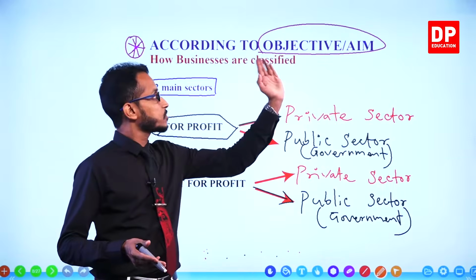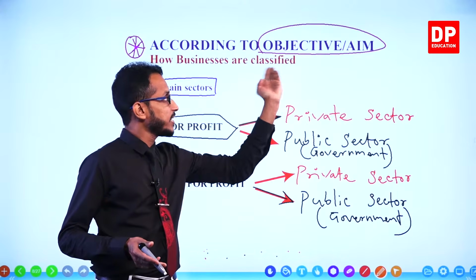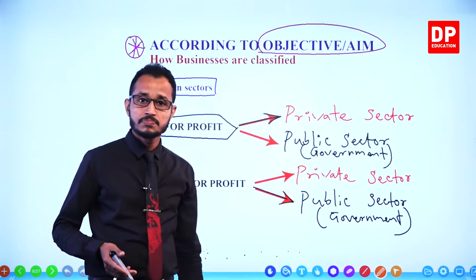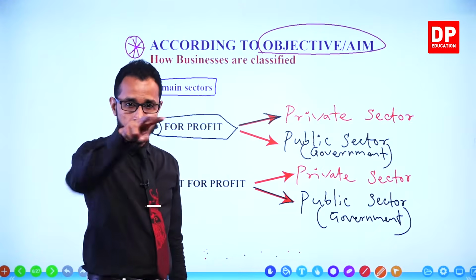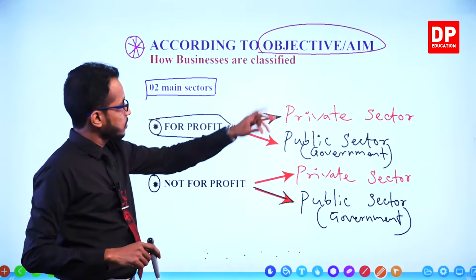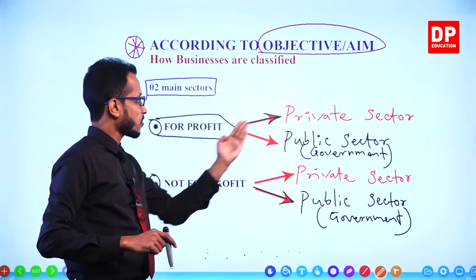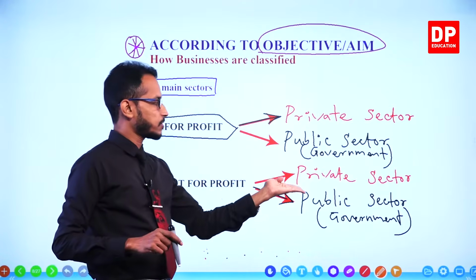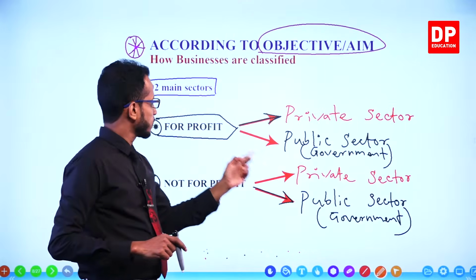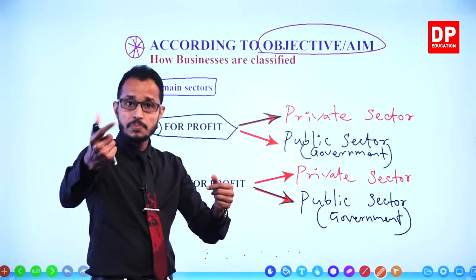Then we divided business organizations considering the objective, the aim. So considering the objective, we divided business organizations as for-profit and not-for-profit. These are for-profit, which means businesses which aim to earn a profit.